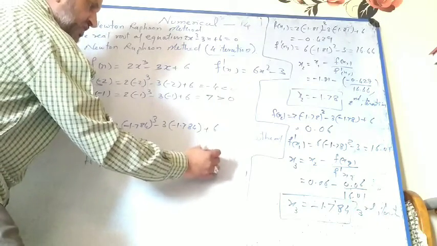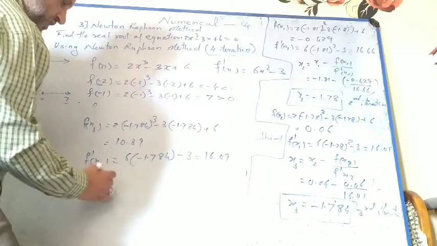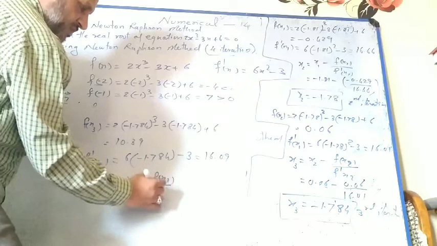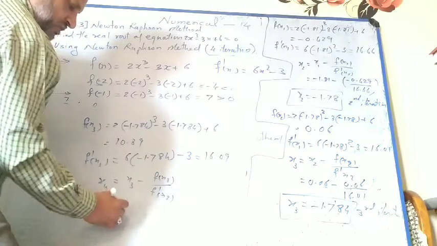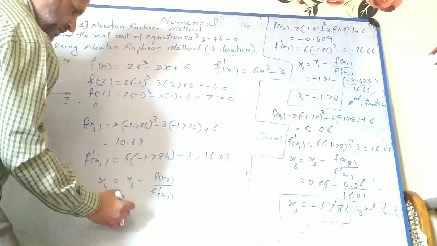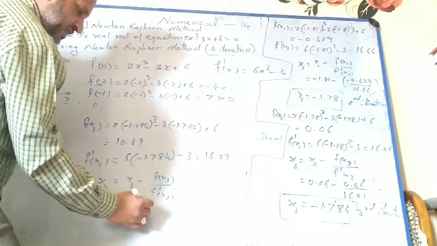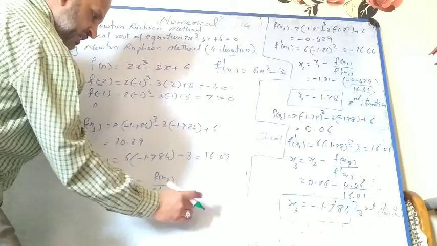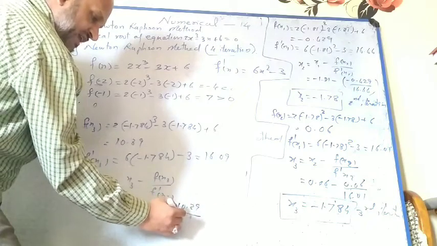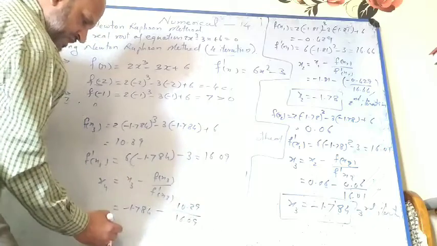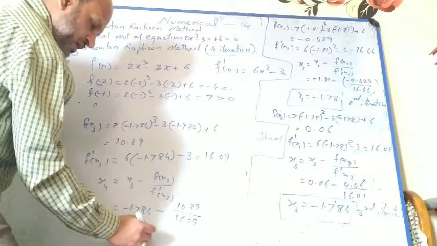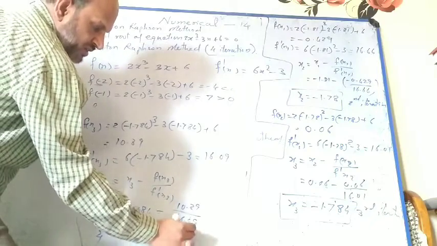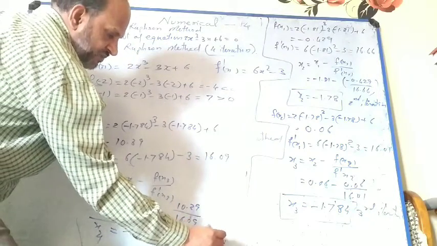This comes out to be 16.09. So for x4, you use the formula x3 minus f of x3 upon f dash x3. Substitute this value: -1.784 minus 10.39 divided by 16.09, and this comes out to be -2.429. This is x4, your fourth iteration.